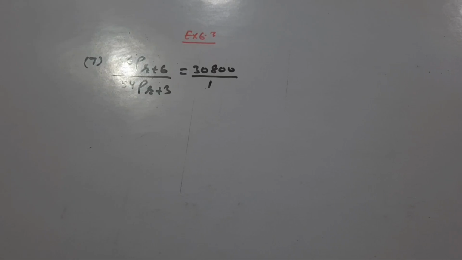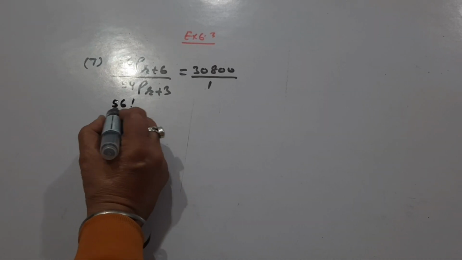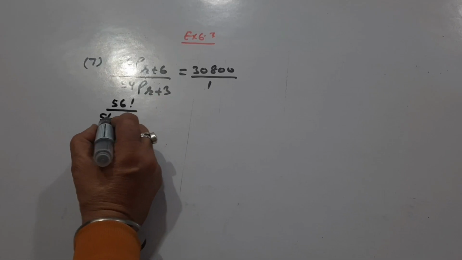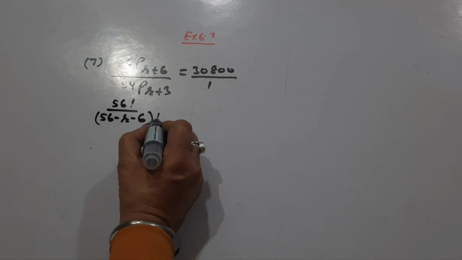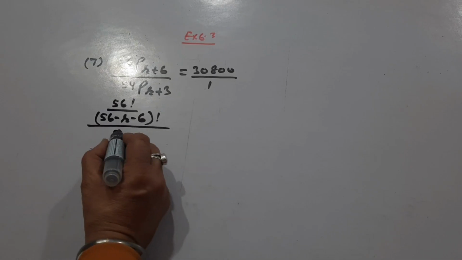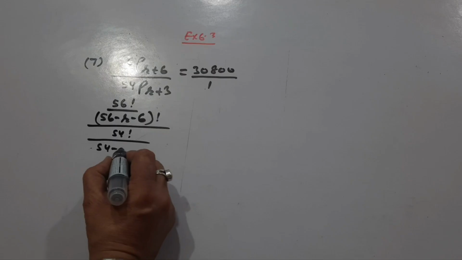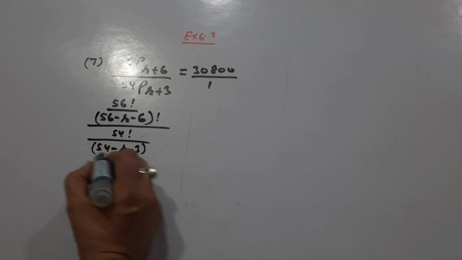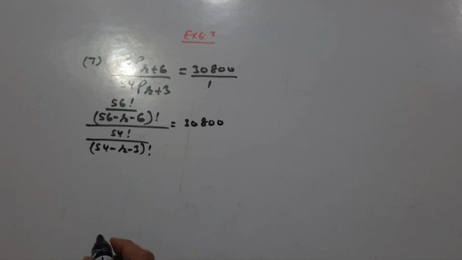56P(r+6) and 54P(r+3). So we can write 56 factorial upon 56 minus r minus 6 factorial, upon 54 factorial upon 54 minus r minus 3 factorial. This is equal to 30800.